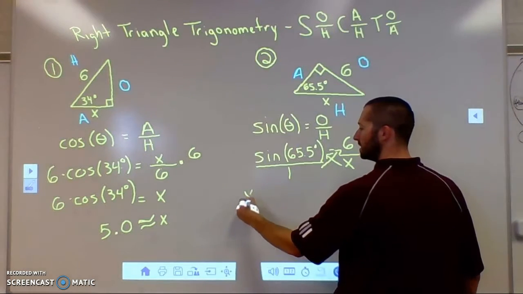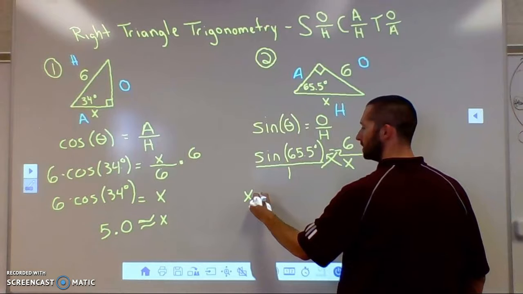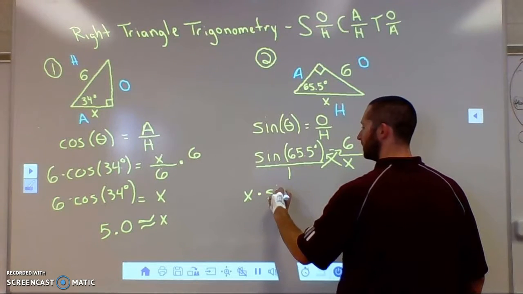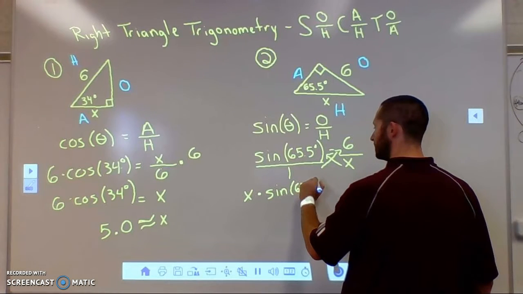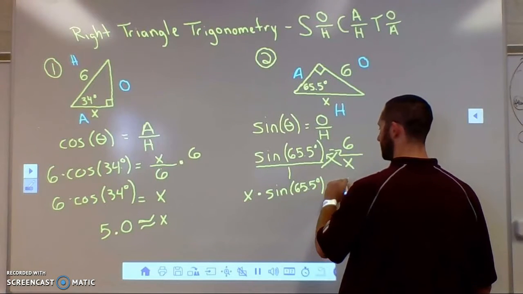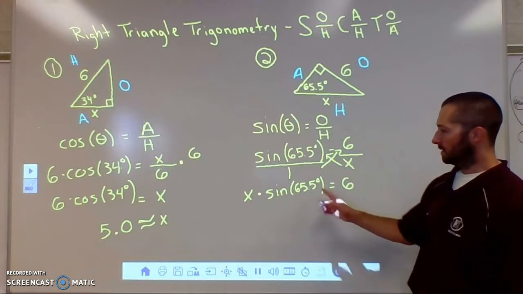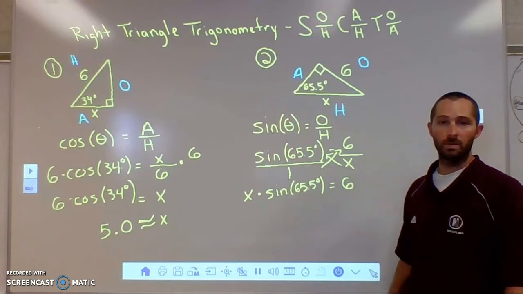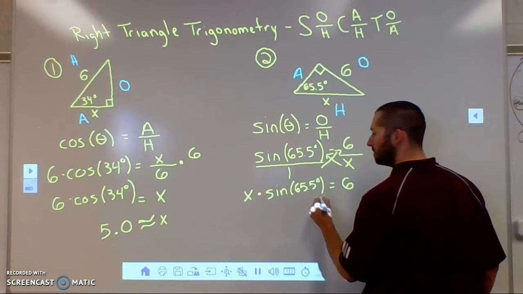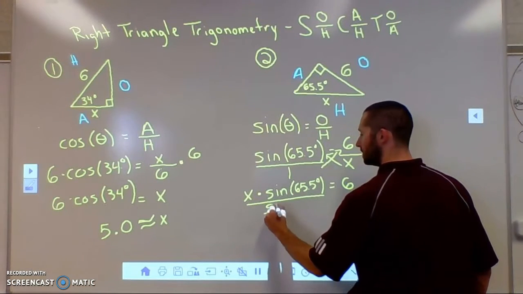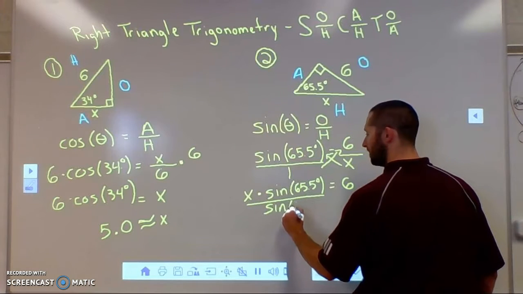So I have x times this quantity, sine of 65.5 degrees, equals 6. This is just some decimal number. I don't know what it is. When I punch it in the calculator, I'll figure it out. But to solve for x, I'm going to divide both sides by that number, sine of 65.5 degrees.